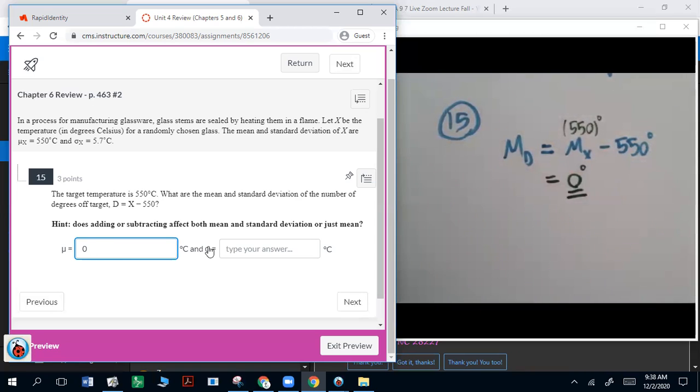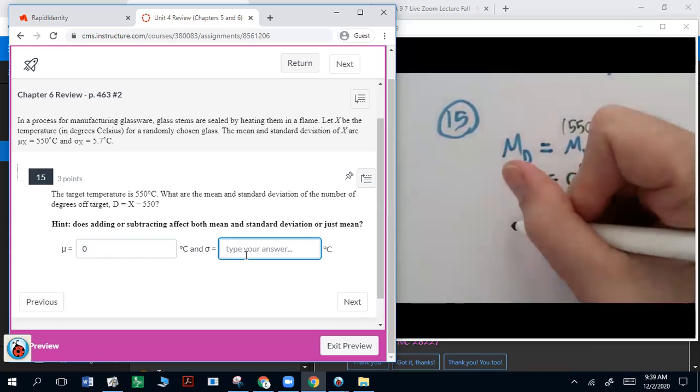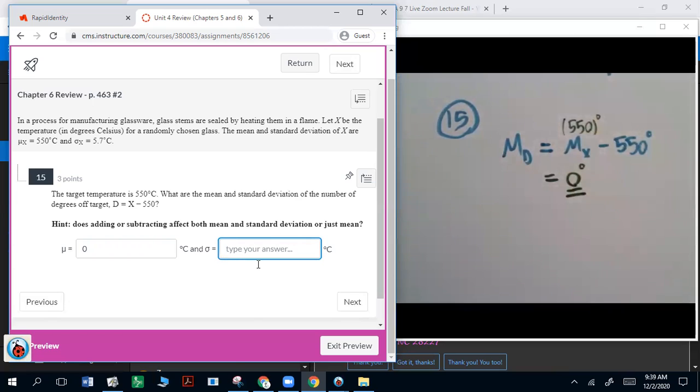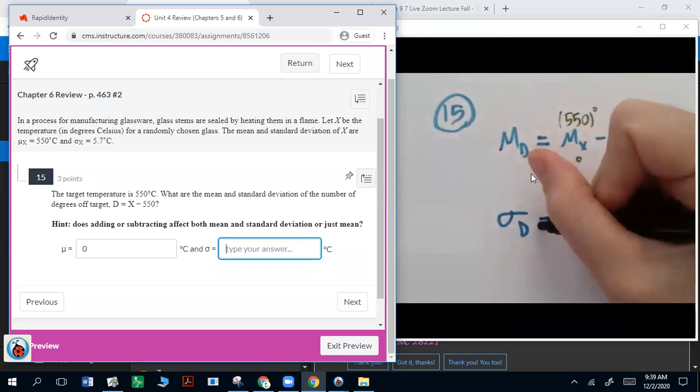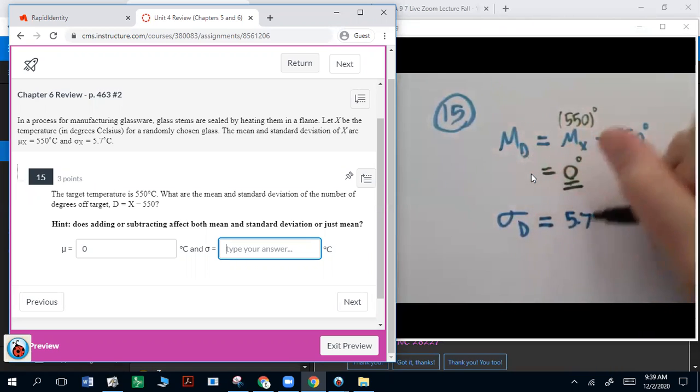Now, the standard deviation is not going to change, because adding and subtracting doesn't change the spread. So that's going to stay 5.7 degrees Celsius.